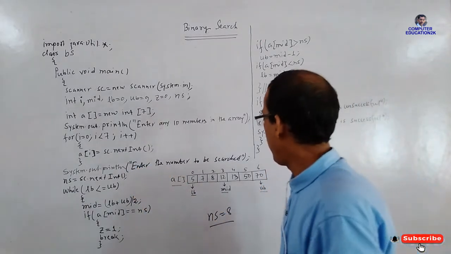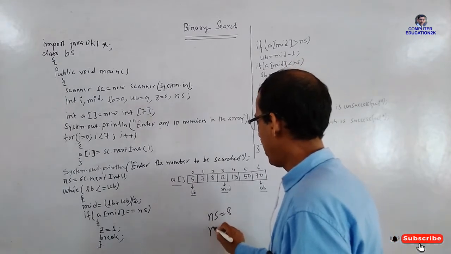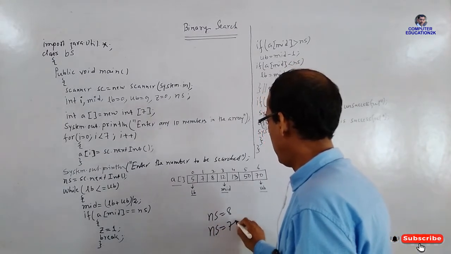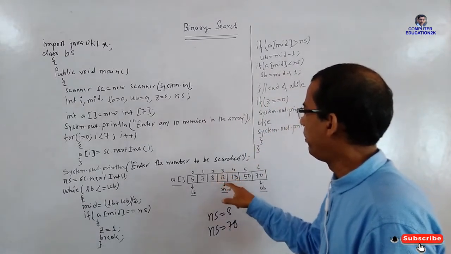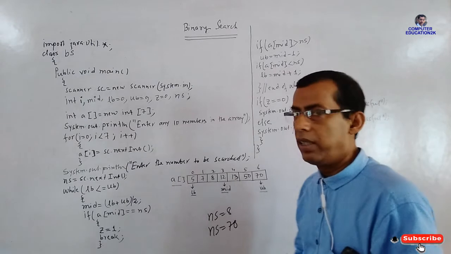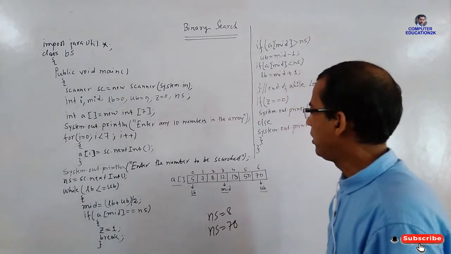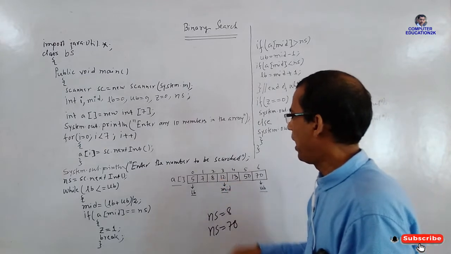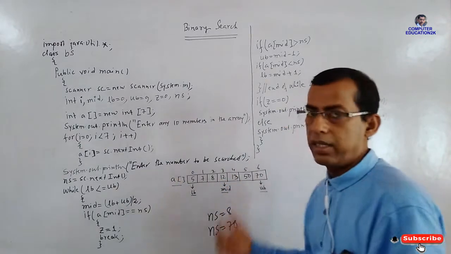Now suppose you want to search the number 70. What will the computer see? The computer will see whether the mid element of the array is bigger or smaller than the search number. Obviously the mid number of the array is smaller, so you will get the number on the right hand side.